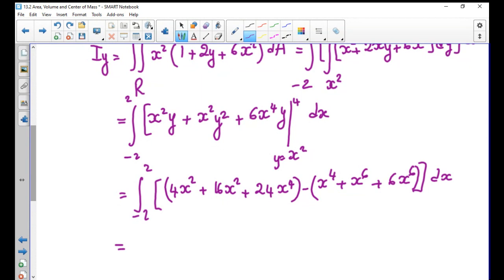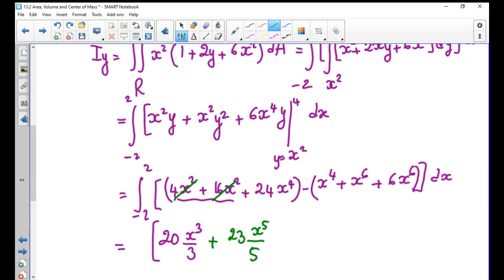Okay, so how many x squares are we having here? 20. So if we integrate the 20x squared, we will get this. How many x to the 4s? 23. So it's going to be plus 23 x to the 5 over 5.